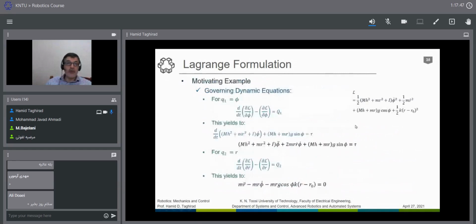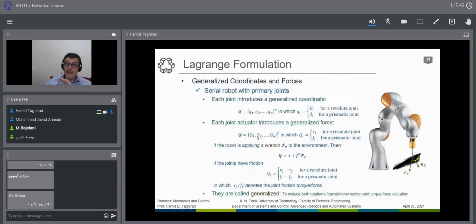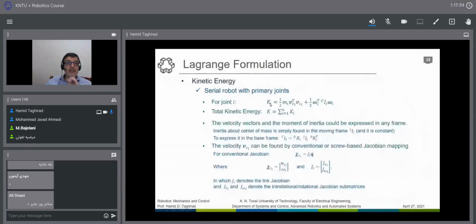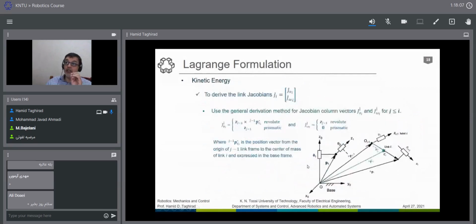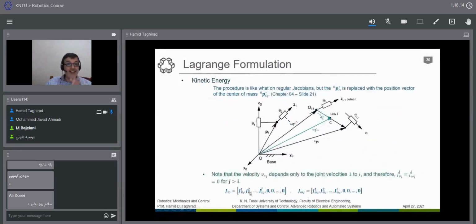First, finding q and q dot is very easy from the robot. To find the Lagrangian, it is important to find the Jacobians. Which Jacobian? J_i's. And J_i's are found the same as we have done previously, but for the center of mass, considering this vector, not the other vectors, and exactly like what we have as the screw axis, we have the same axis here.